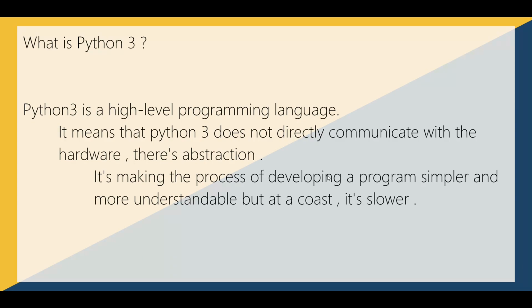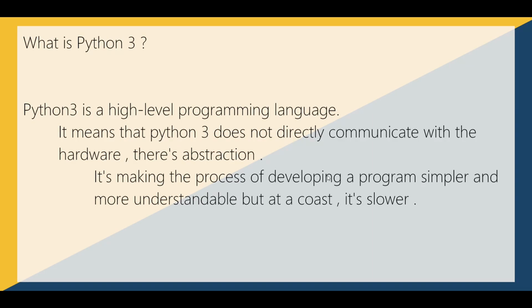It makes the process of developing a program simpler and more understandable, but at a cost: it's slower. It's a high-level abstraction, so it's not fast like a low-level one.